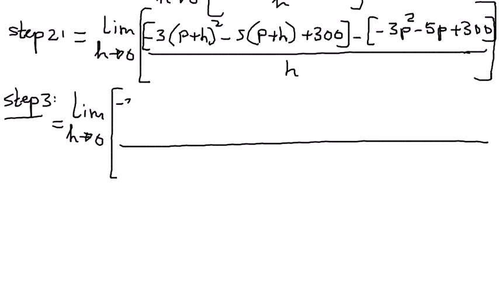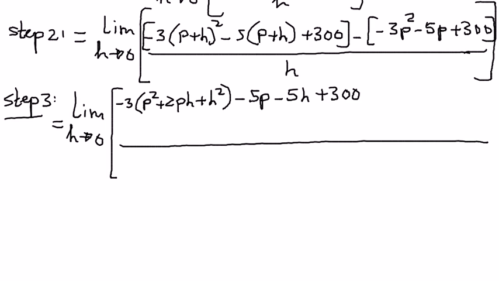Negative 3 times p plus h, the whole squared, is p squared plus 2 times ph plus h squared. That is the way we can expand that. Minus, we're going to distribute this 5 to every one of the terms inside the parentheses. 5 times p is 5p, 5 times h is 5h, plus 300. That is what we have in that part.